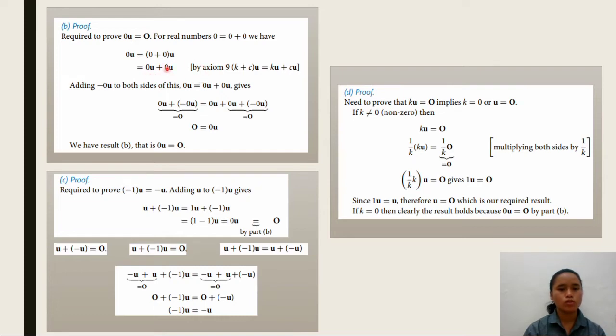So we get this from axiom number 9, (k plus c)u equals ku plus cu. And then we have result B, that is 0u equals 0. So this is our proof.